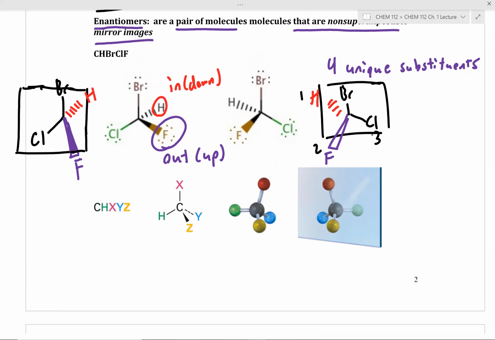Okay, so with that premise in mind, we're now going to draw out some 3D pictures of each of these molecules, and we're going to play a game where we rotate each of these molecules and try to match them up.